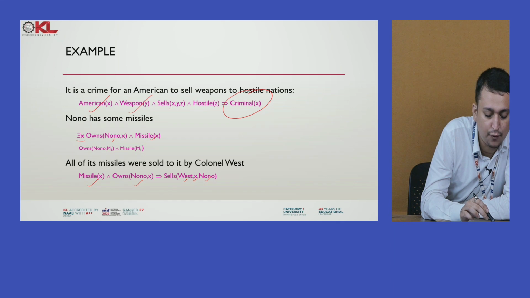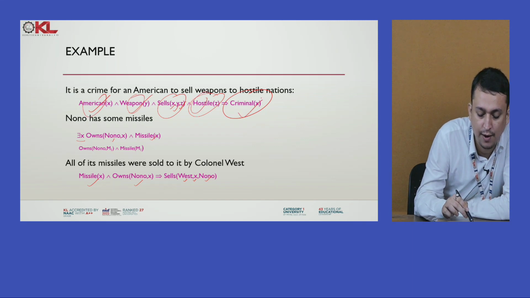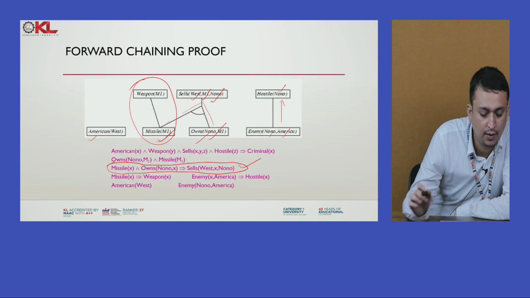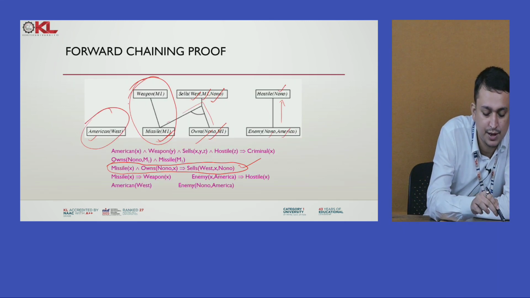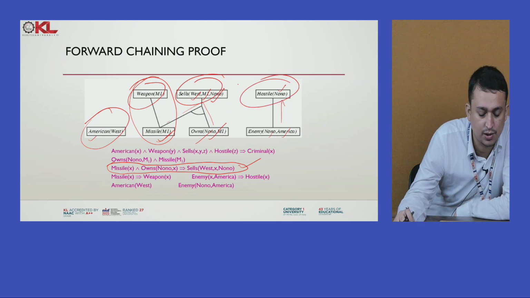that West is selling this missile to a hostile nation, and Z is hostile. If all four parts are true, we can directly conclude that West is a criminal. So now this part is proved, this part is proved, this part is proved, and this part is also proved.